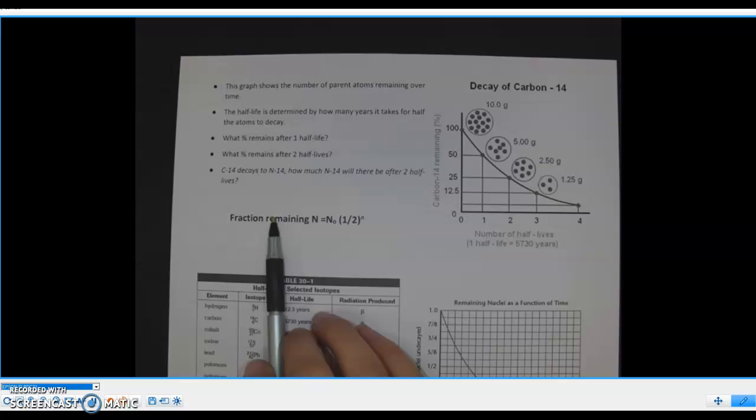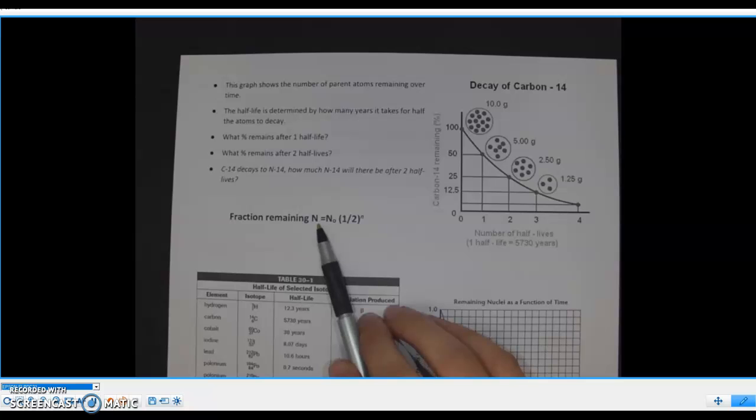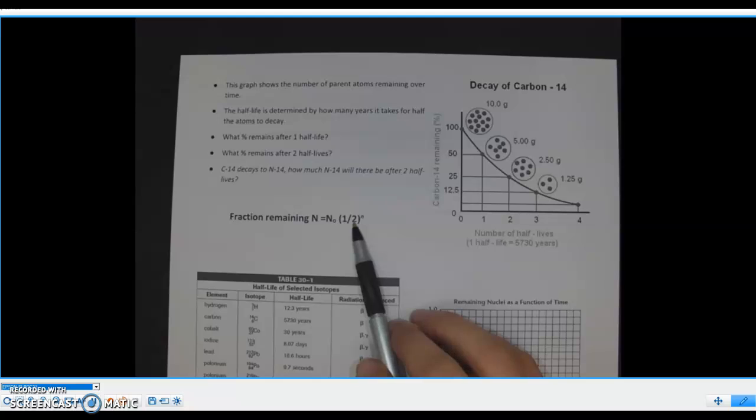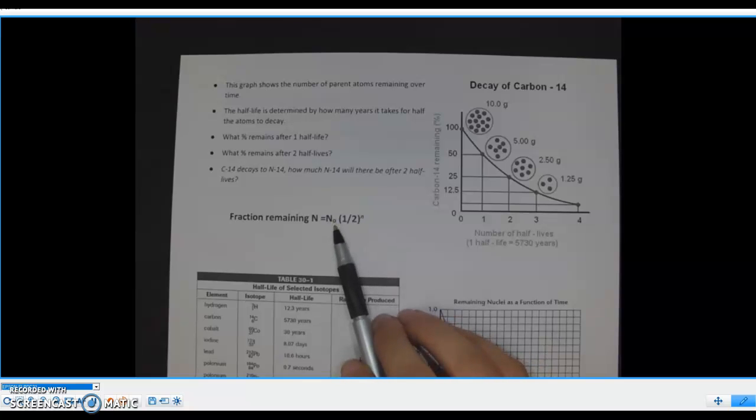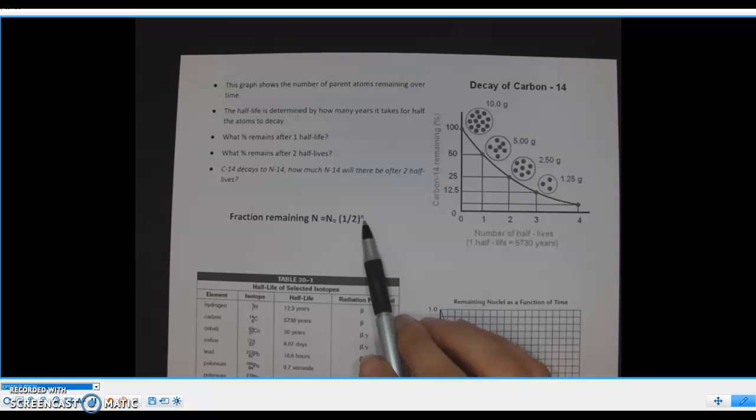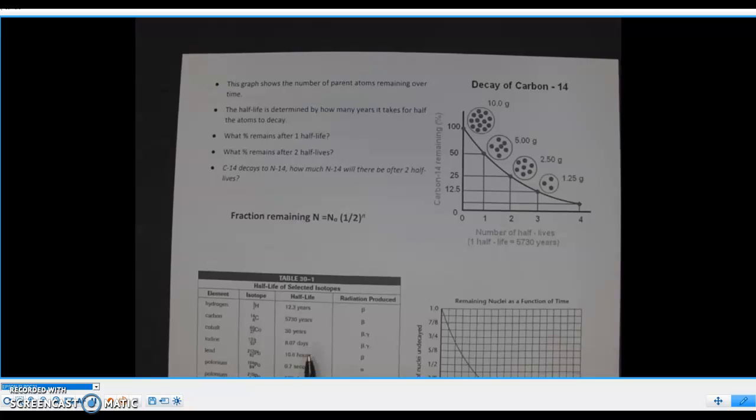Fraction remaining, meaning if I want to know how much of that remaining radioactive parent isotope I have, this is going to equal the original amount multiplied by 1/2 raised to small n, and make sure you add this in your notes. So the original amount, and then small n is the number of half-lives that have occurred. Okay, so how many half-lives have occurred will tell us what we have remaining.